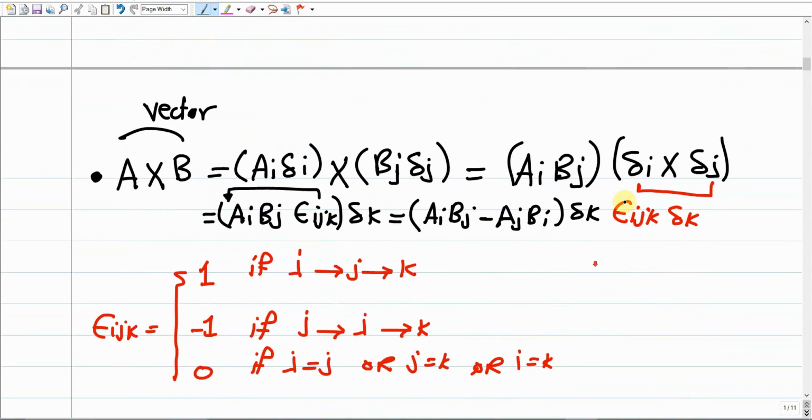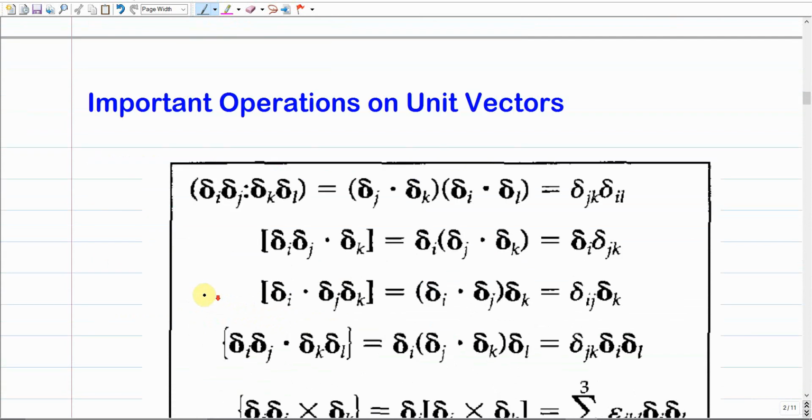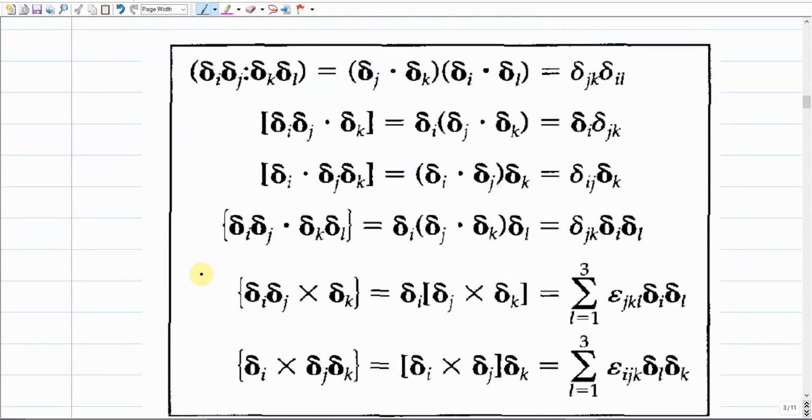And the other operation is the cross product of two unit vectors like delta i cross delta j. This gives us the permutation parameter, and it's going to give us a vector, because this is the permutation vector, epsilon ijk delta k, right? So now, is there any other operation that we can do over unit vectors?